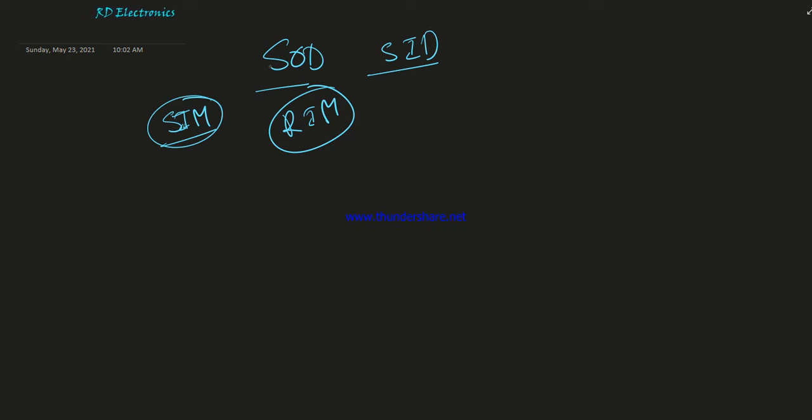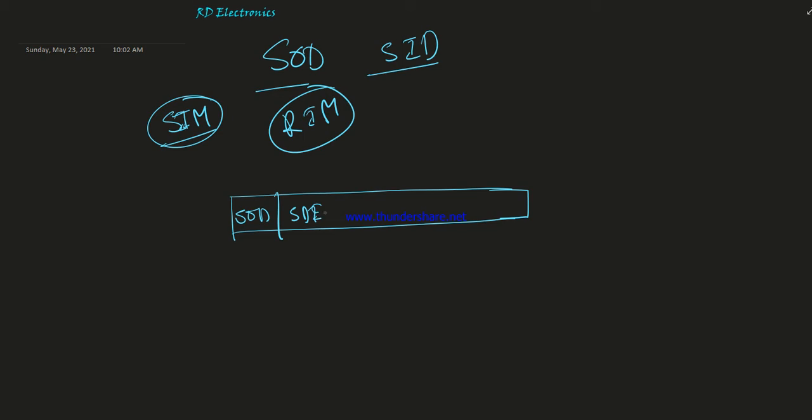When the SIM instruction is executed, the accumulator bit pattern looks like this. The first bit is known as SOD, and bit 6 is known as serial data enable. This bit enables the serial data communication. If this bit is 1, then SOD is enabled, and if this SDE bit equals 0, then the SOD line is disabled.